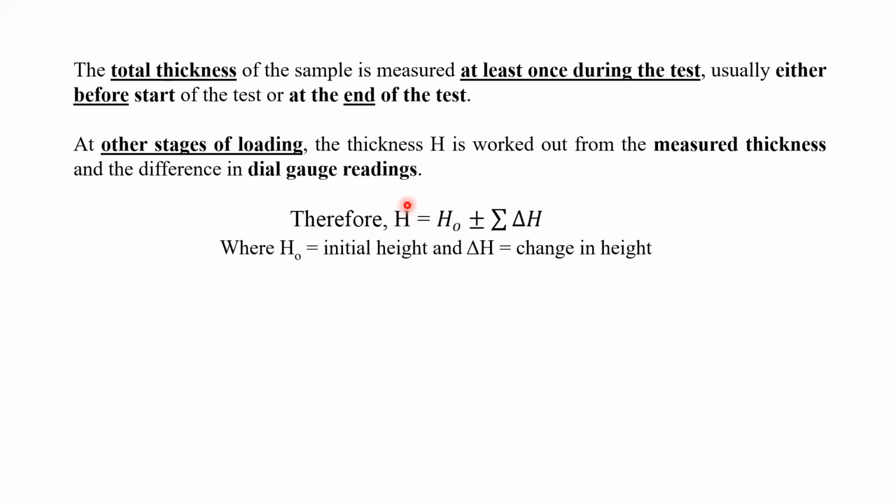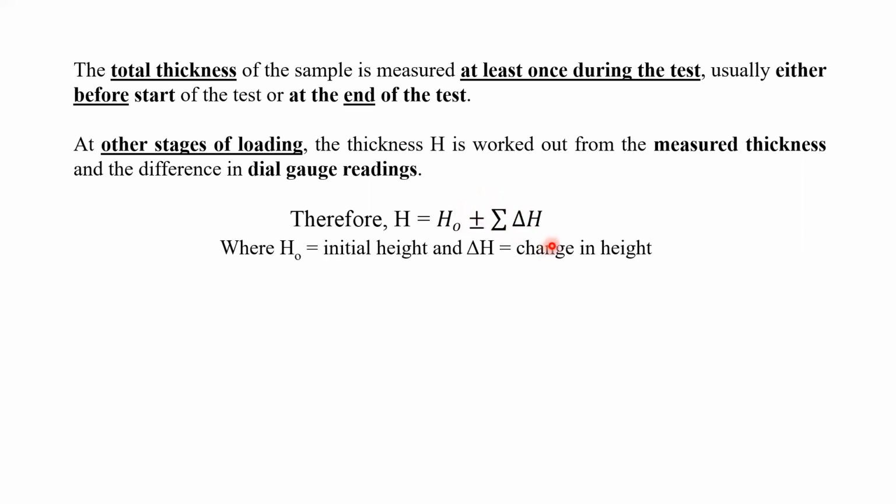Suppose you want to find out the height in the middle or at any stage of the loading. If you are going to measure at the end of the experiment, you are going to remove the load one by one.